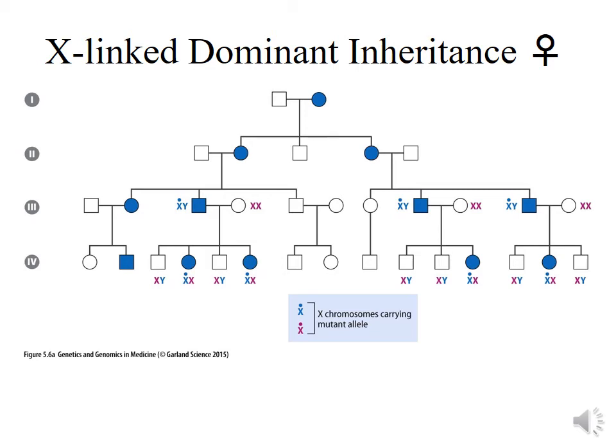The father must pass on a Y chromosome to each son, and so does not transmit the mutant X, but must transmit the mutant X chromosome to each of his daughters.